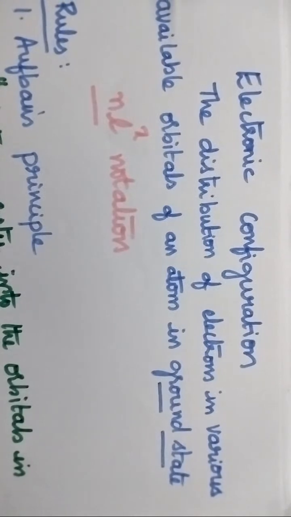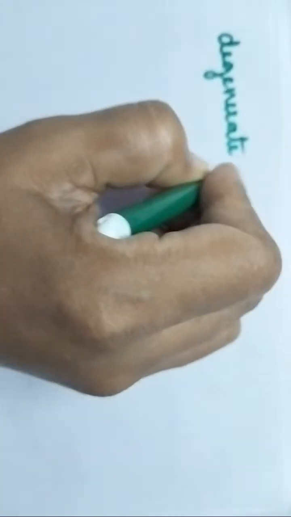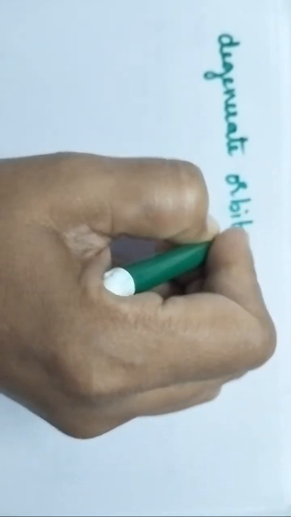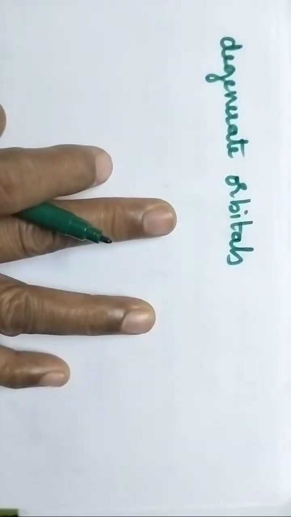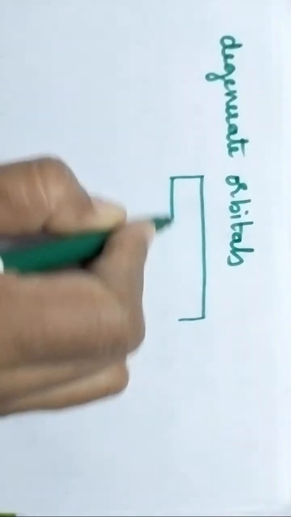So what do you mean by degenerate orbitals? Degenerate orbitals means orbitals having the same energy.